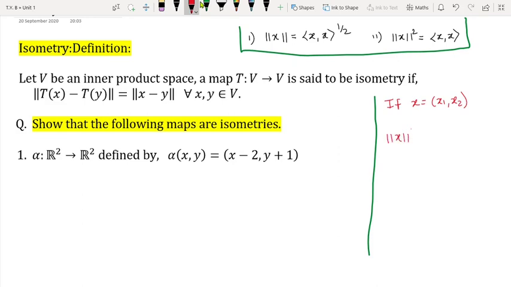Norm of x square, which is the same as norm of (x1, x2), because that is our value of x, will be equal to, according to the definition, inner product of x with x.